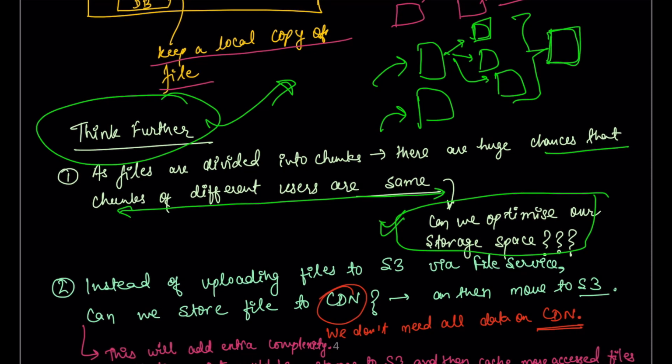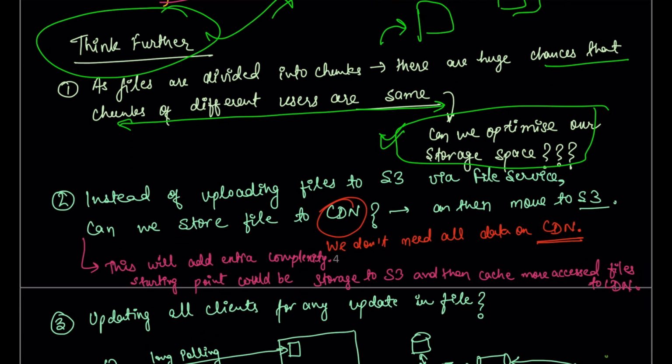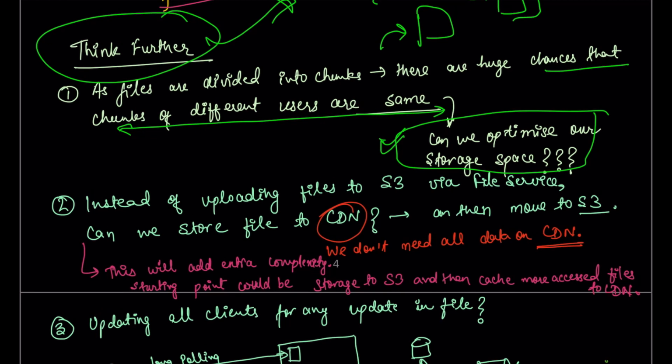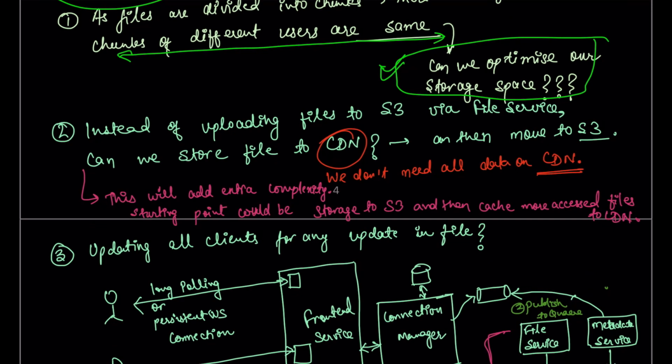You don't have to upload that chunk to S3, so you are optimizing on space. One way to go about it is to use a hashing algorithm to check in our metadata whether this chunk is already present or not. If it's present, then don't upload it again. If it's not uploaded, then you can do it.